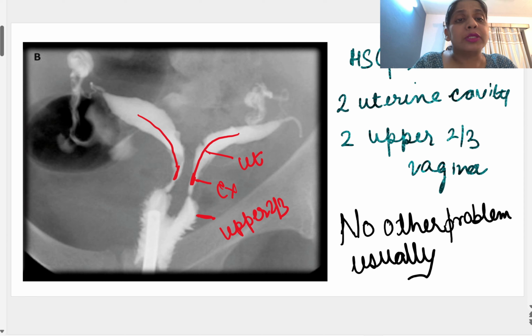Okay, one question has come in exams, whether transverse lie is there in uterus didelphys or not. No, in uterus didelphys transverse lie is very uncommon. Why? Just see, already in the normal uterus transverse lie is very rare. You know that longitudinal lie is common.